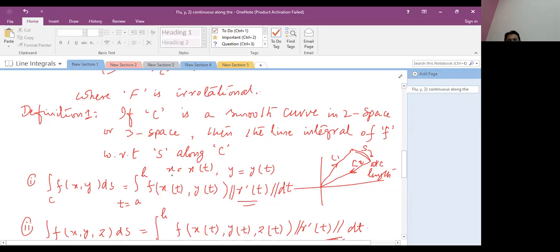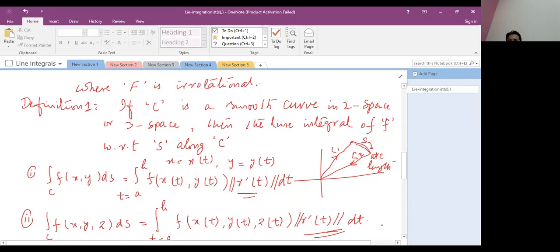When we apply the parametric form in this way, x is equal to x of t and y is equal to y of t, in 2 space or in 3 space, where the arc length element is the magnitude of r prime of t times dt. If you solve this line integral, the arc length will be converted into parametric form, r prime of t dt.